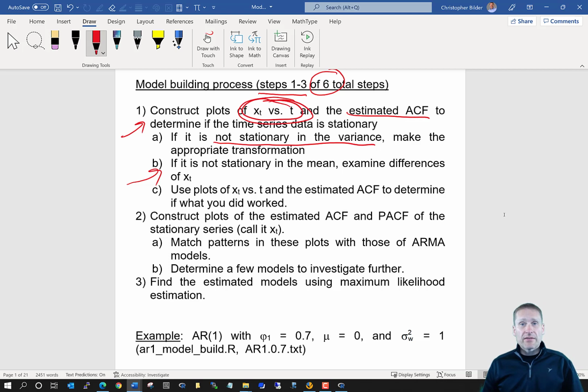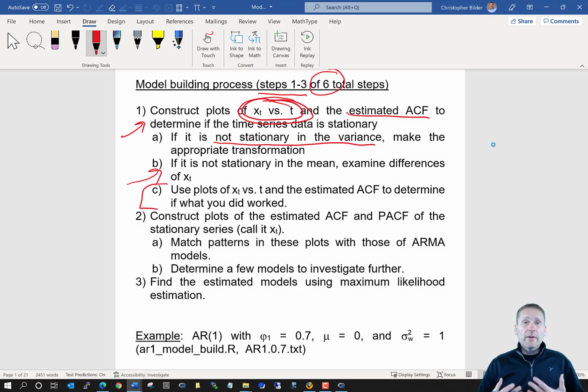If it is, then we have non-stationarity in the mean. Also, with the estimated ACF, what we look for is very large absolute value estimated autocorrelations. And if you see that, then that suggests that you do have non-stationarity in the mean.